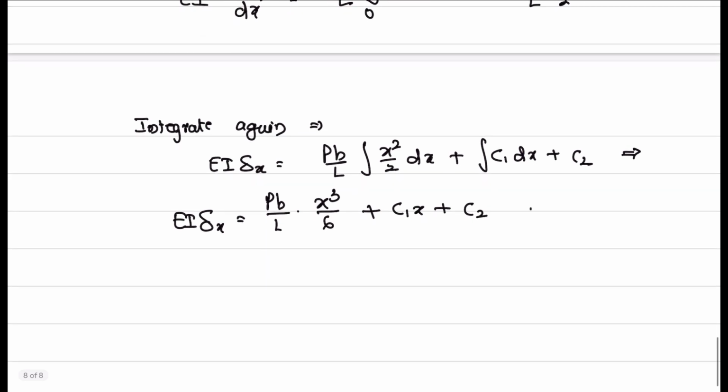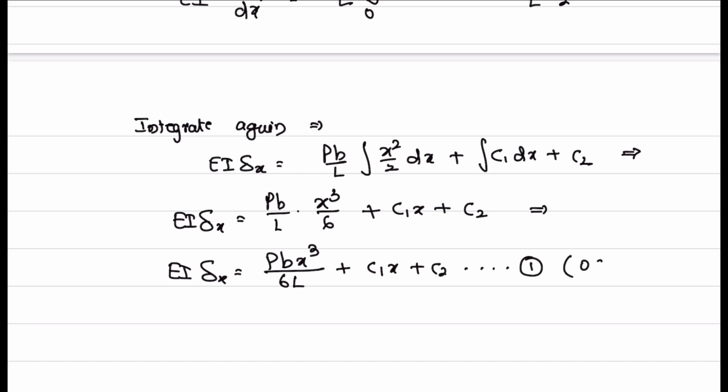Now, what happens here? For the distance, EI into delta x is equal to PB x cube by 6L plus C1x plus C2. This is the equation 1 for 0 less than or equal to x less than or equal to a. We are considering the first portion, left hand side first portion. Now, what is the boundary condition?